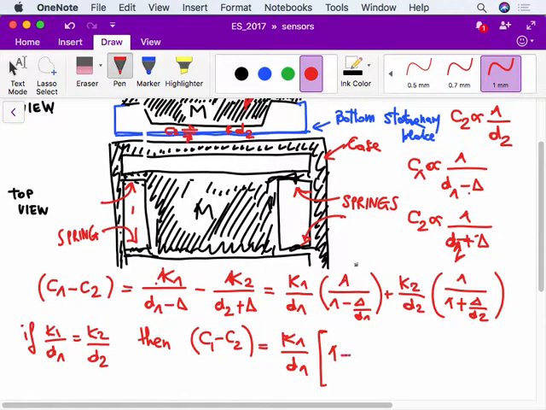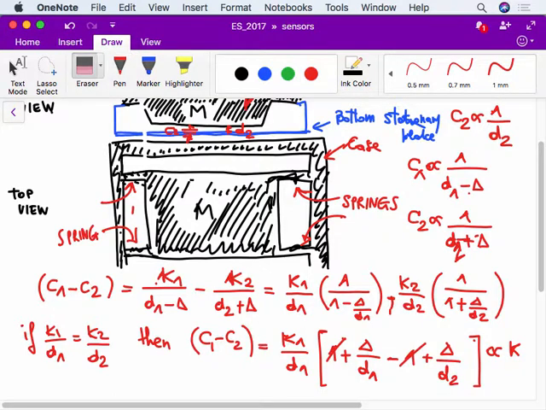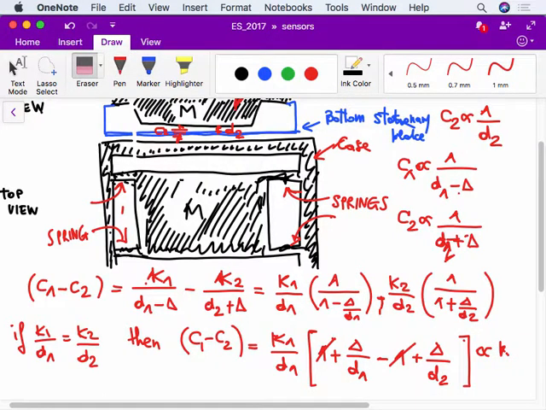This becomes 1 plus delta over d1, this is a minus, minus 1 plus delta over d2. This goes away, and therefore you see we have that the capacitance difference is proportional to delta.